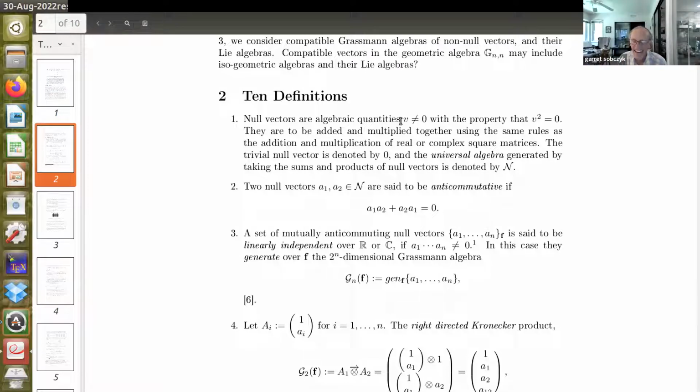So when you write the 0 there, it might be better to distinguish that 0 from, say, scalar 0. So v squared is an element of your algebra, the 0 element of the algebra, but it's not the 0 scalar value.